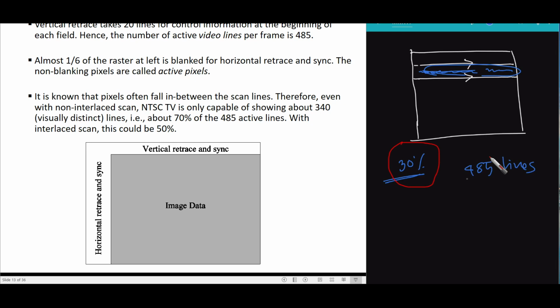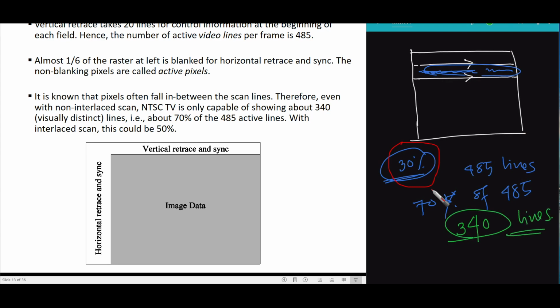If we miss 30%, that means 70% of 485 lines, roughly 340 lines, are possibly what we are scanning, 340 lines out of 525 lines.